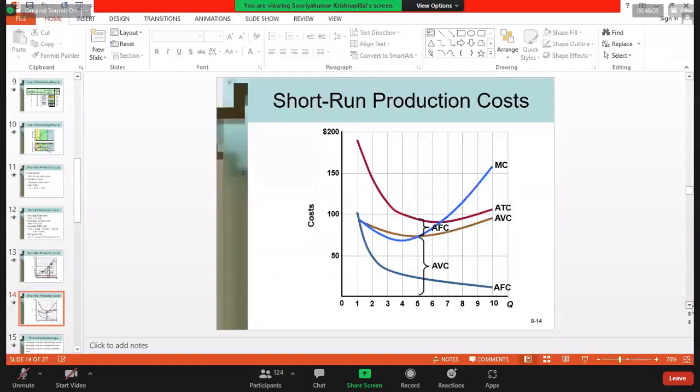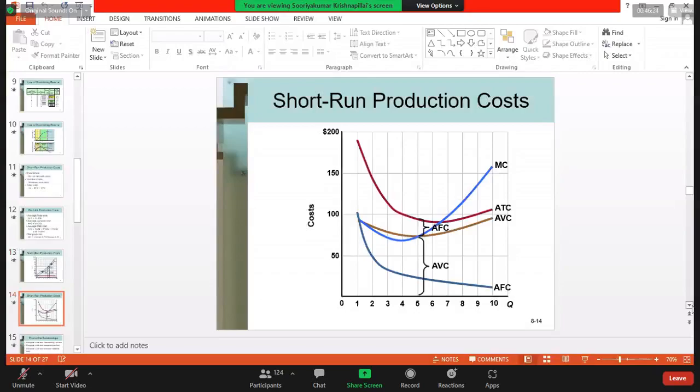If you are paying $10 to this additional labor as a wage, marginal cost is the wage divided by the additional output. So 10 divided by 10, 1. So marginal cost is 1.